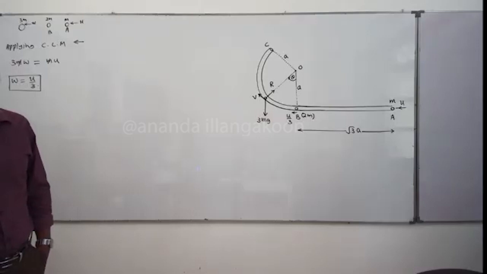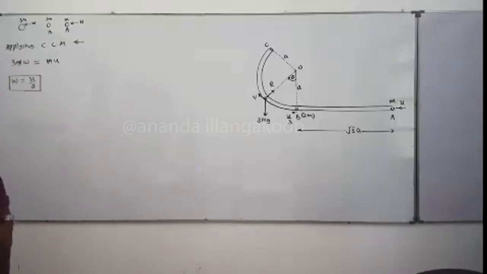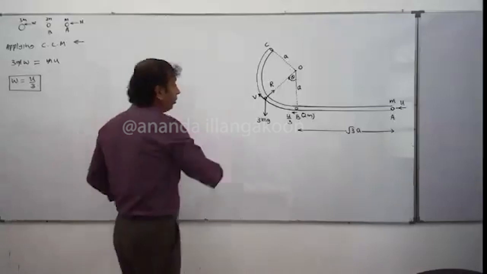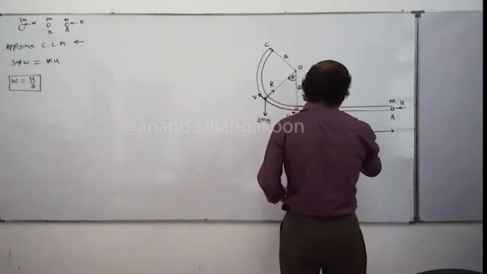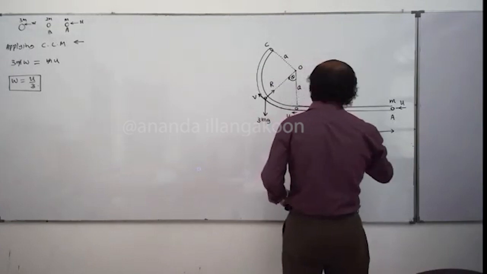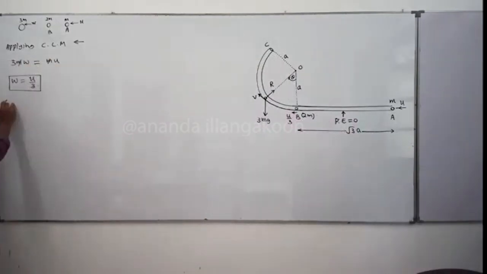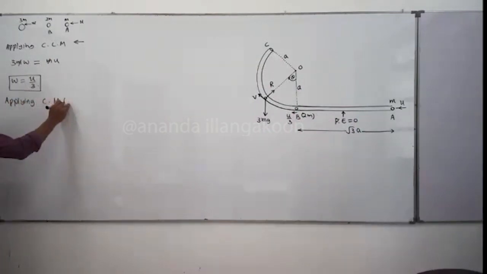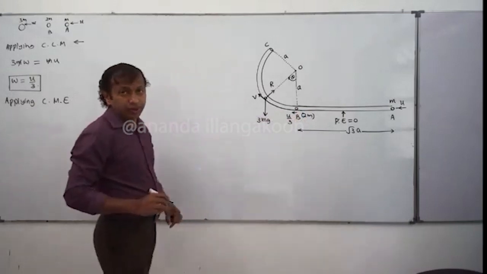Number two, find the velocity of the composite particle at the point P. Once it reaches here, I am going to take this level as the potential energy zero level. I am going to apply the conservation of mechanical energy. Initially, no potential energy; it has kinetic energy.